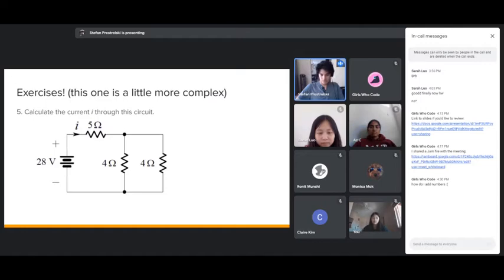All right, so you were correct in finding the equivalent resistance of this part of the circuit over there. But you forgot about this 5 ohm resistor.